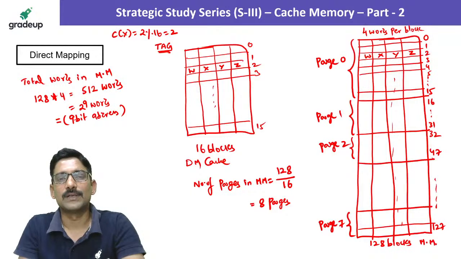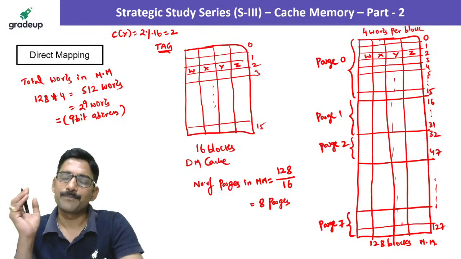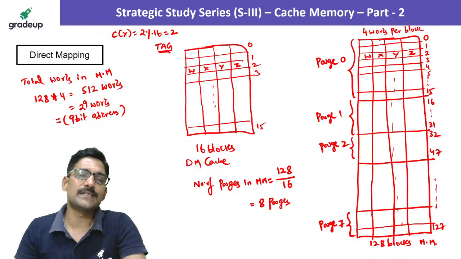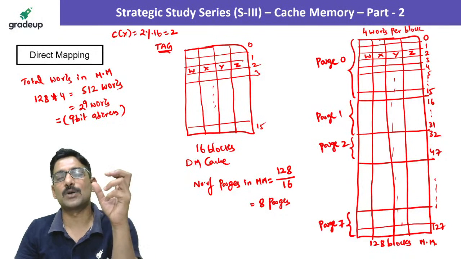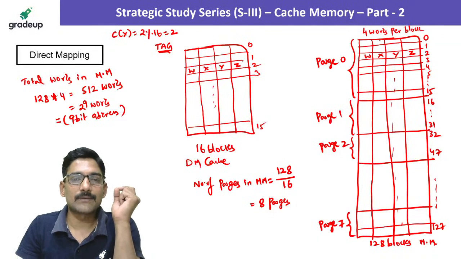In a book, how we use an index to find something very quickly, in the same way the cache maintains an index field called tag for every block. A tag will be there for each block.